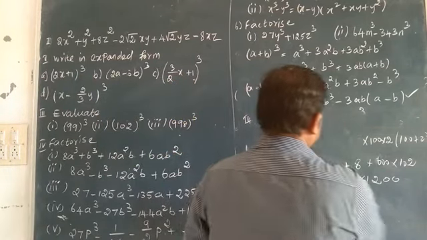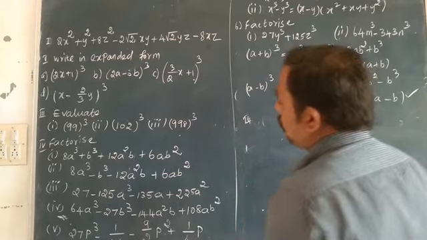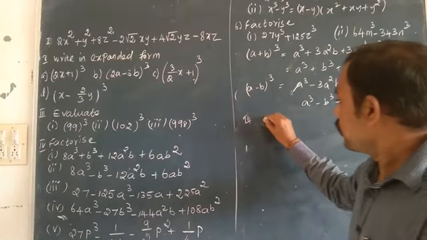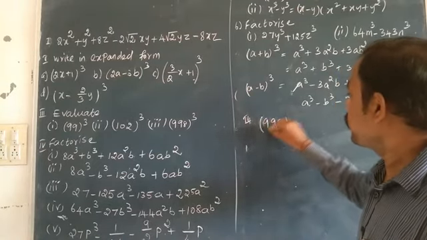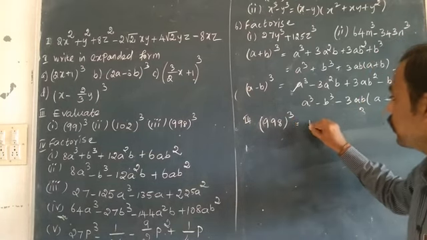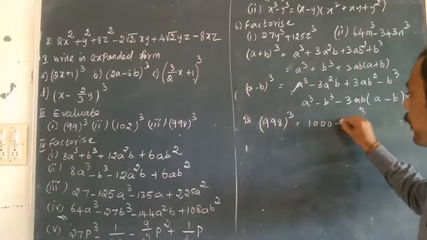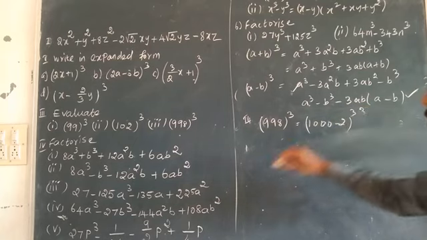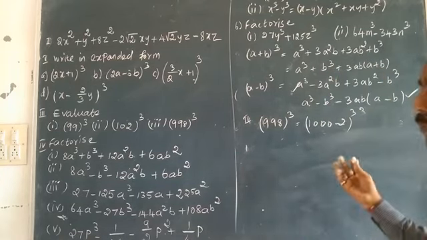The next problem, 998^3. We can write (1000 - 2)^3. As per your 99^3, you will do this problem.